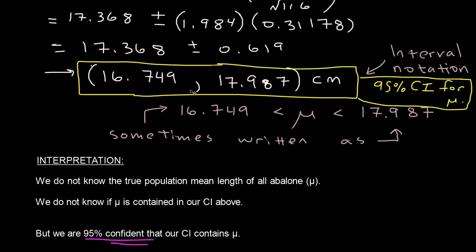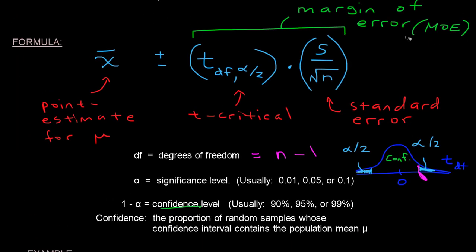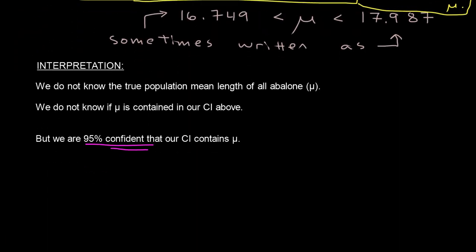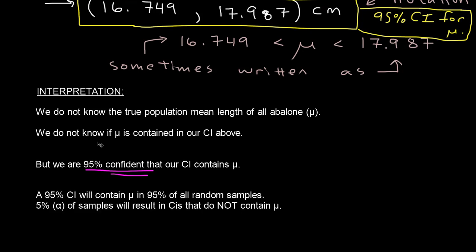The way that this interval was constructed, the basis of this formula is such that a large percentage of random samples will form confidence intervals that contain the population mean. Because this was a 95% confidence interval, we are thus 95% confident that mu is in there.